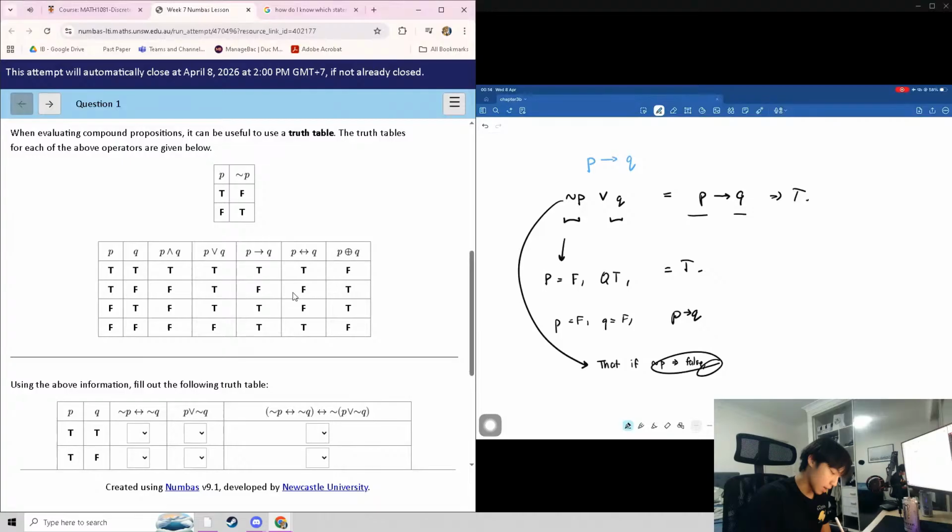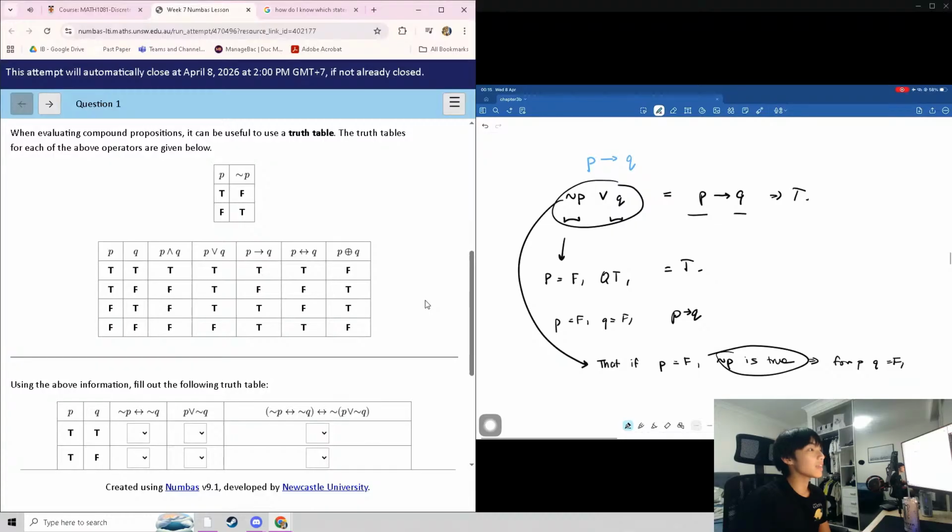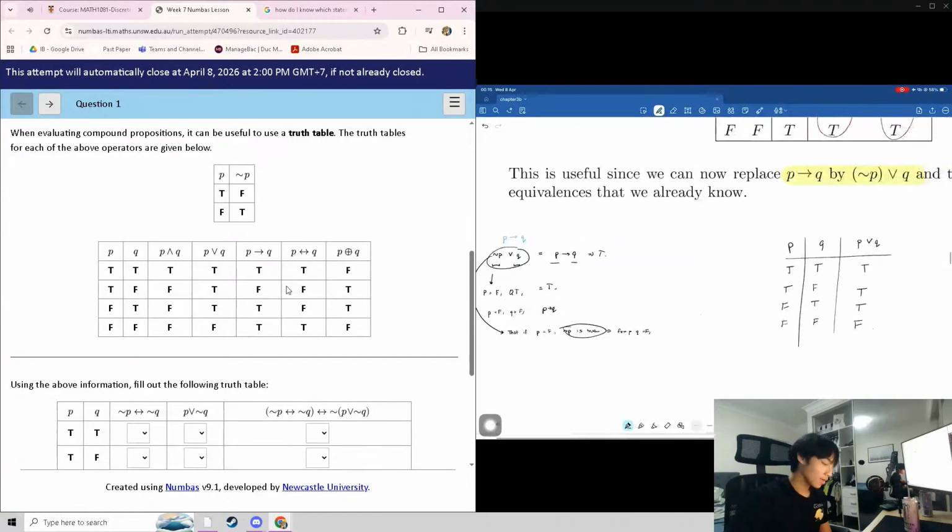Oh no, that if P is false, then not P is true. And so for P and Q both false, this statement here is true. Oh, I get it now.